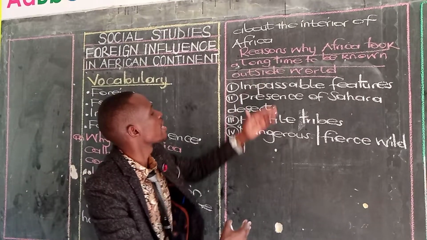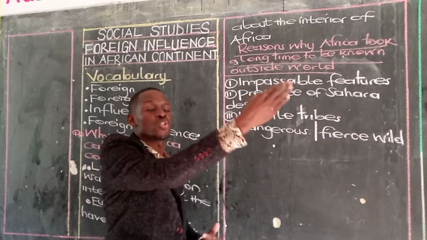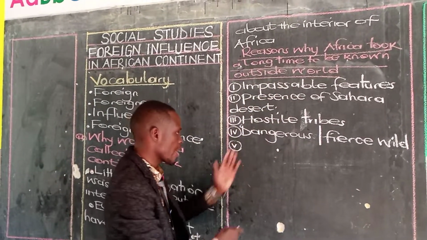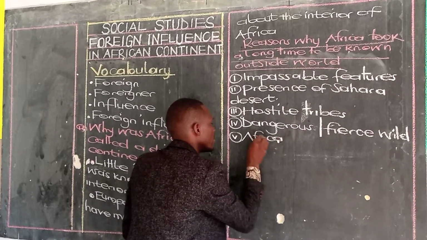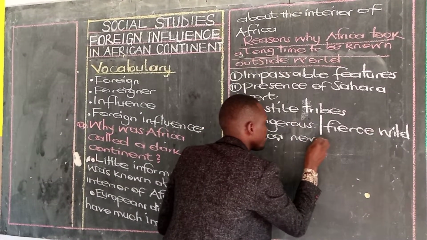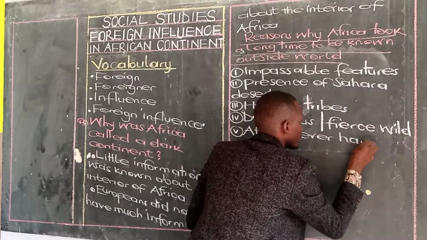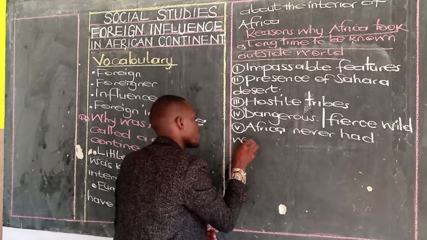And hence, the movement to the interior of Africa was hindered. So we are saying Africa never had well-defined routes.